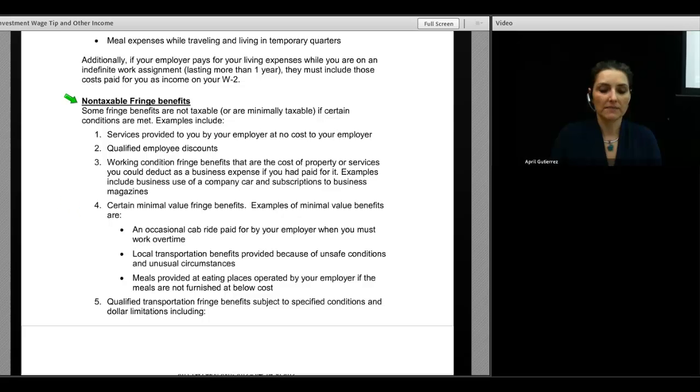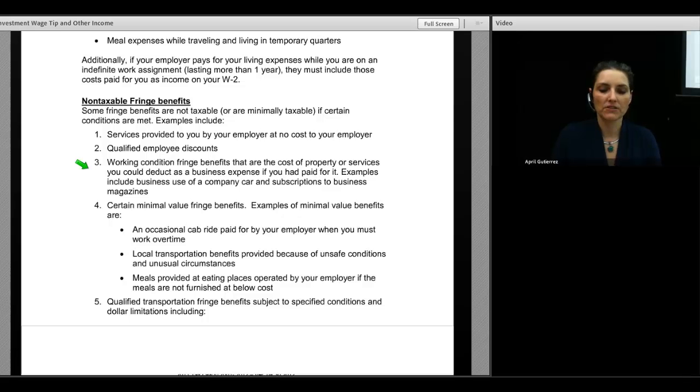Non-taxable fringe benefits. There are some that are non-taxable, can be given to an employee and excluded from that employee's income. Examples of non-taxable fringe benefits include services provided to you by your employer at no cost to your employer, qualified employee discounts, working condition fringe benefits that are the cost of property or services you could deduct as a business expense if you had paid for it.